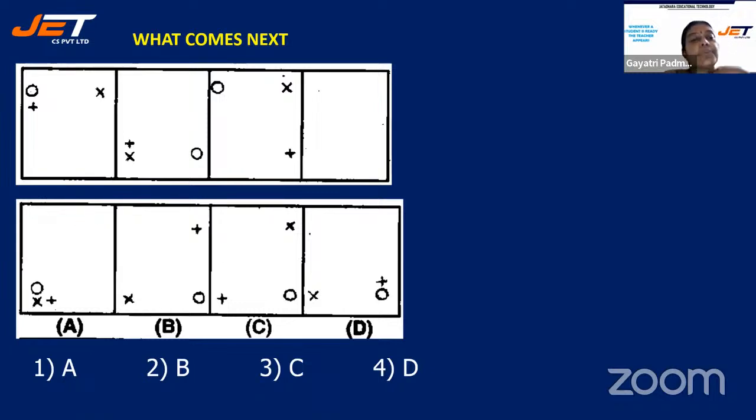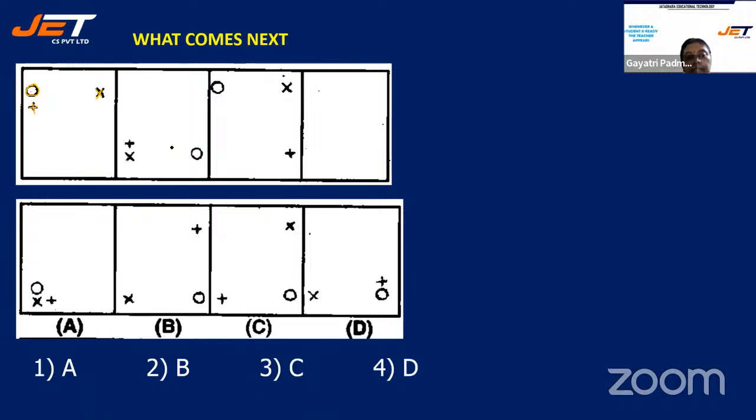All right. In the next question, you have a circle and below that you have an addition symbol and opposite to that you have a multiplication. Now what is it that we are doing? The plus is getting combined with the multiplication and the circle is moving to the other side, right?